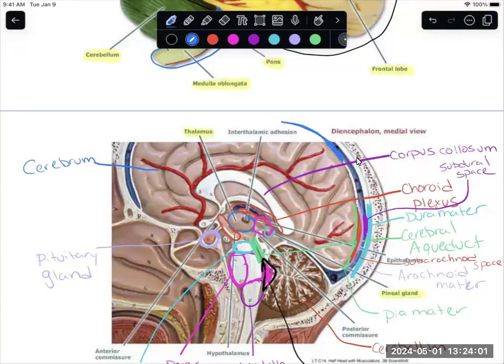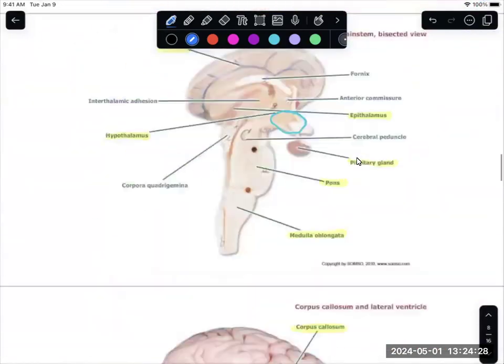It would have continued up further in that superior sagittal sinus. What that is, is an area where blood kind of pools and collects. That's what a sinus is before it drains out of the skull. So that is where we would find that one.